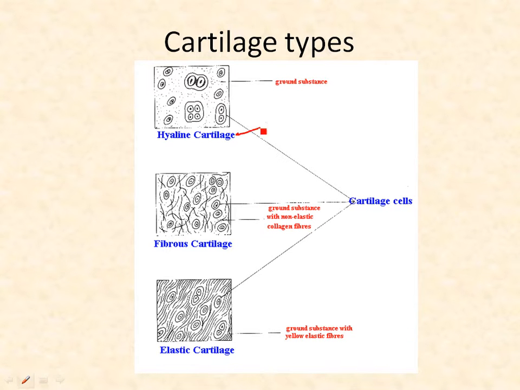Hyaline cartilage appears white or bluish white in color and is found in places where there is a limited amount of flexibility but which is exposed to tensile forces. For example, the tip of the nose, the cartilage joining the ribs to the sternum, and the end of long bone. Now the embryonic cartilage is hyaline cartilage and persists in childhood as the epiphyseal plate.